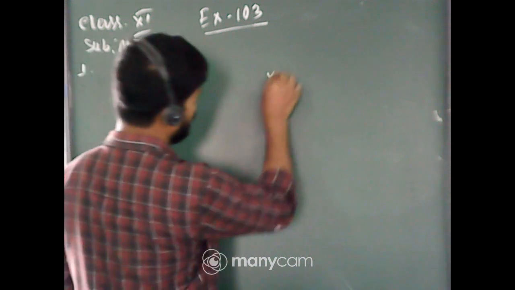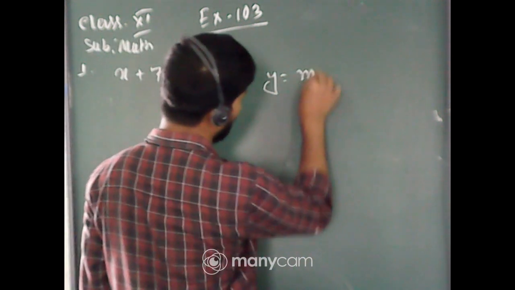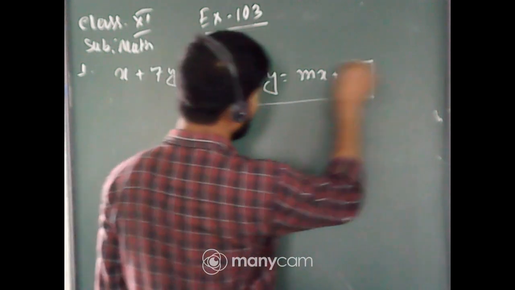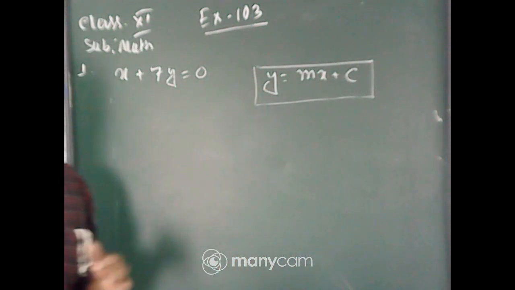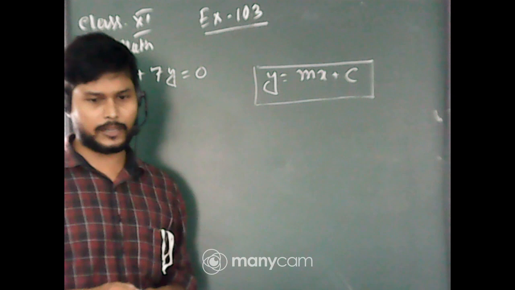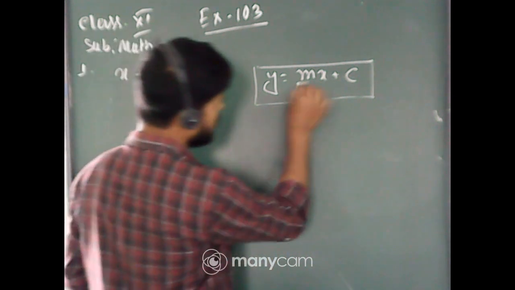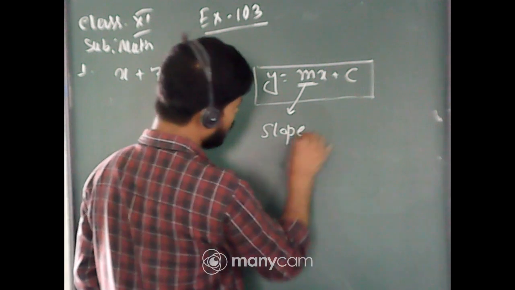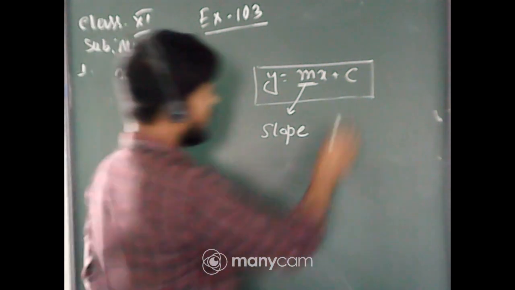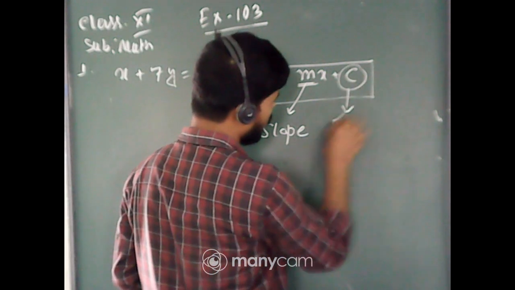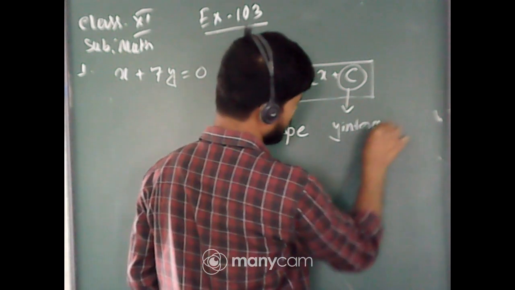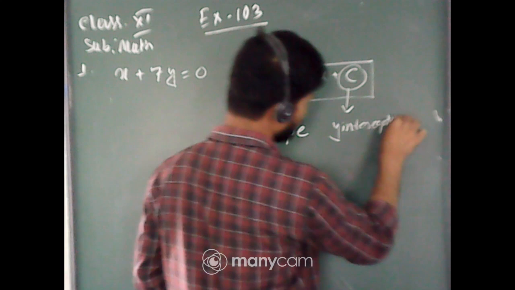If an equation is in the form y equal to mx plus c, this form of the equation of a straight line is called the slope intercept form, where the term m is called the slope of the line and the term c is called the y intercept.